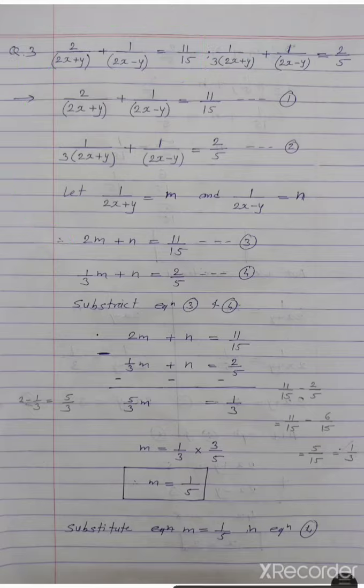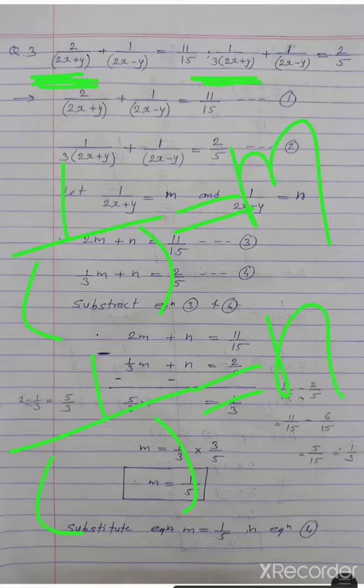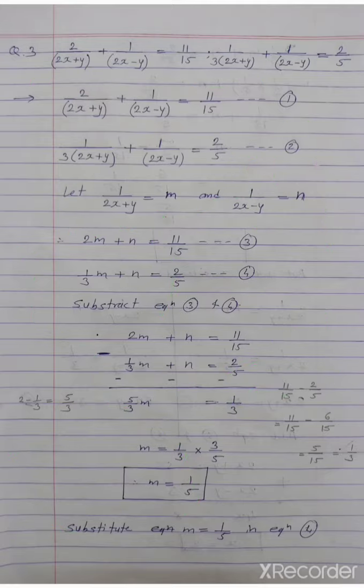For that we have to observe carefully the terms which are in the denominator. If they lie there, then directly take 1 upon whatever term is there equal to some constant. Similarly, the second term also with another constant, and substitute both considerations in our equations number 1 and 2 so that we will get equations number 3 and 4.